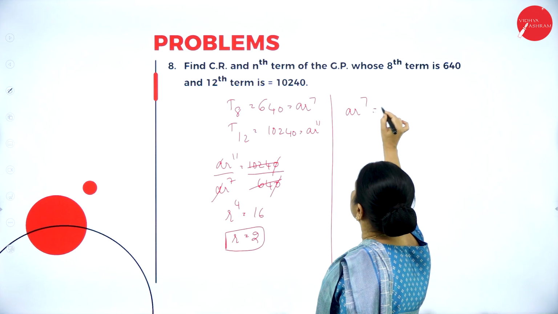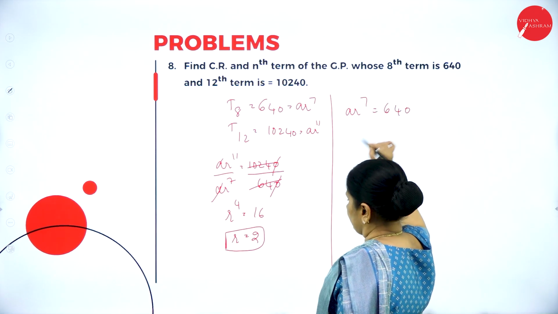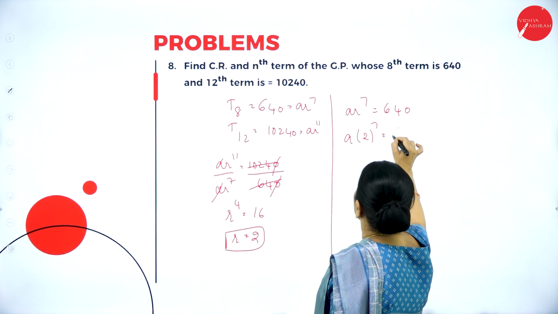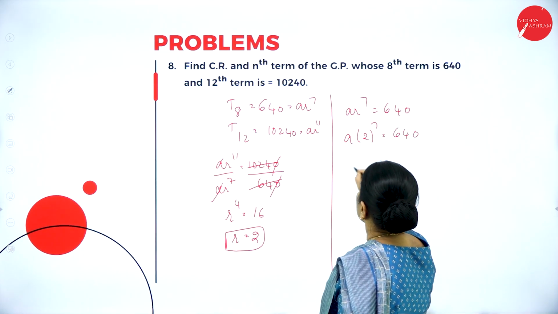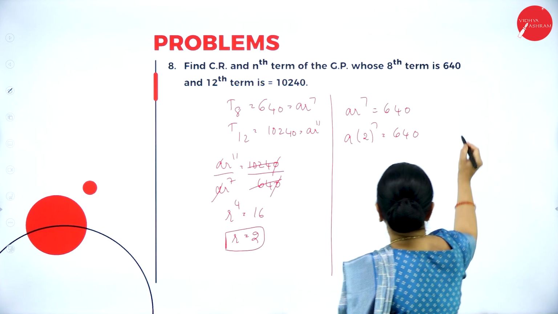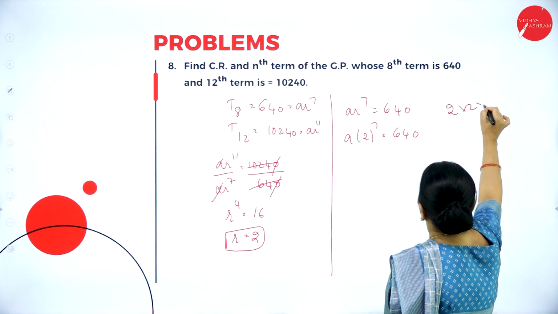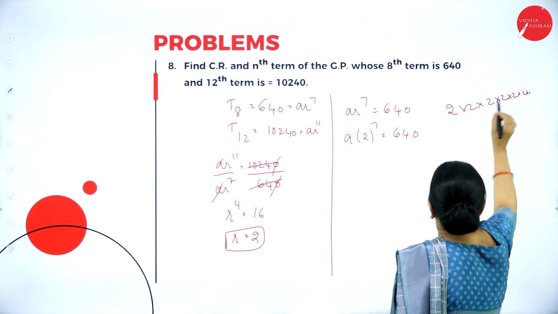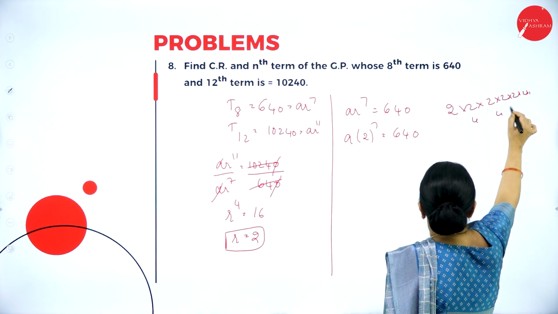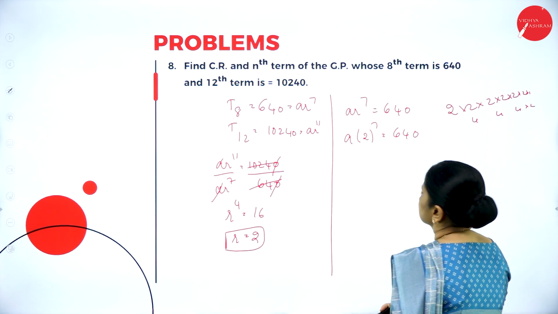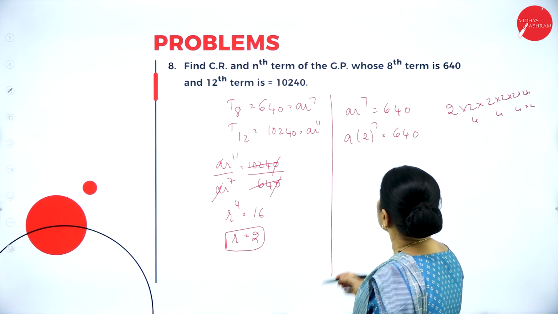AR to the power 7 equals 640. A into 2 to the power of 7 equals 640. So that will be equal to 2 into 2 into 2 into 2 into 2 into 2 into 2. 2 2s are 4, 2 2s are 4, 2 2s are 4. 16 4s are 64, 64 into 2 is 128.